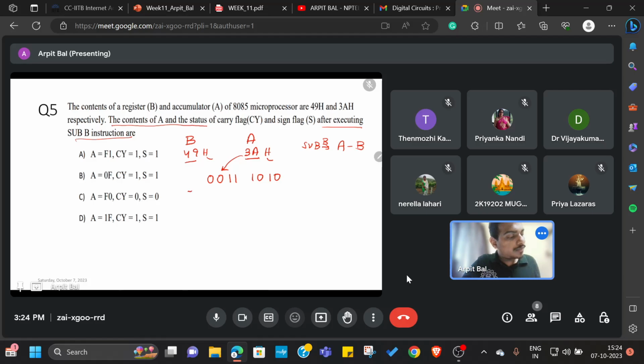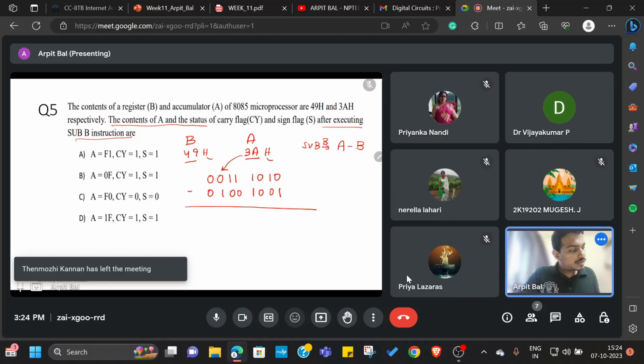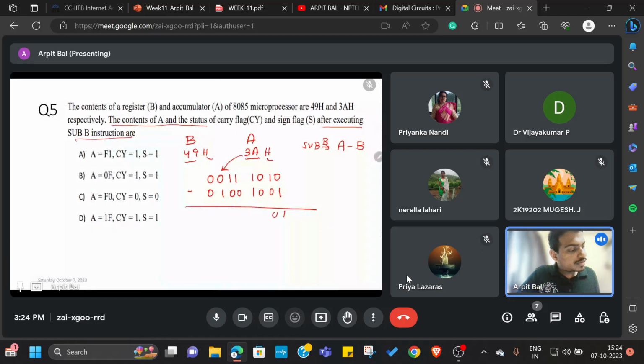Then let me write B. 4 will be 0100 and 9 is 1001. So we will have 1 0 0 0 1 1. Here we will get a carry, so there will be another one, and there will be a carry out.